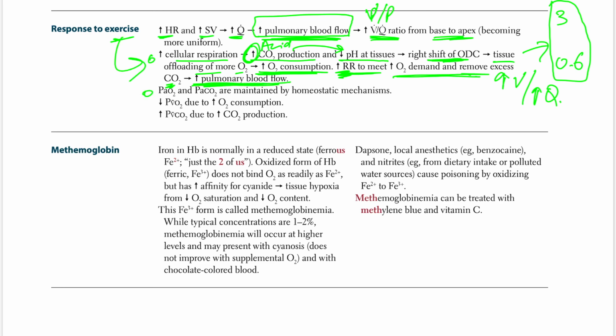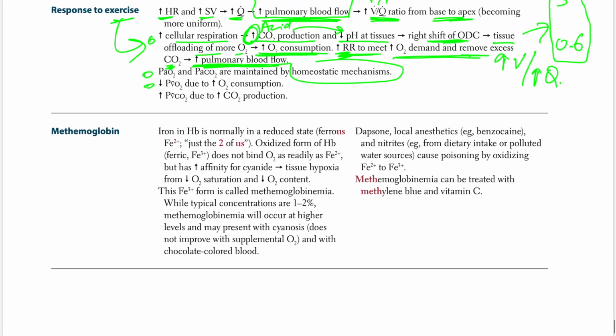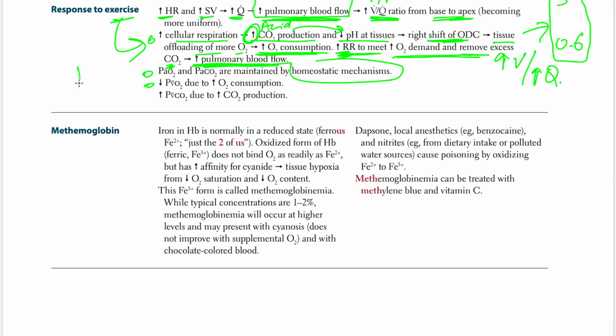Second thing is PaO2 and PCO2 are maintained by homeostatic mechanisms. Decrease in PvO2 due to increase in O2 consumption, and increase in PvCO2 due to increase in CO2 production. And what is PvO2, by the way? It is the partial pressure of venous O2 and CO2.